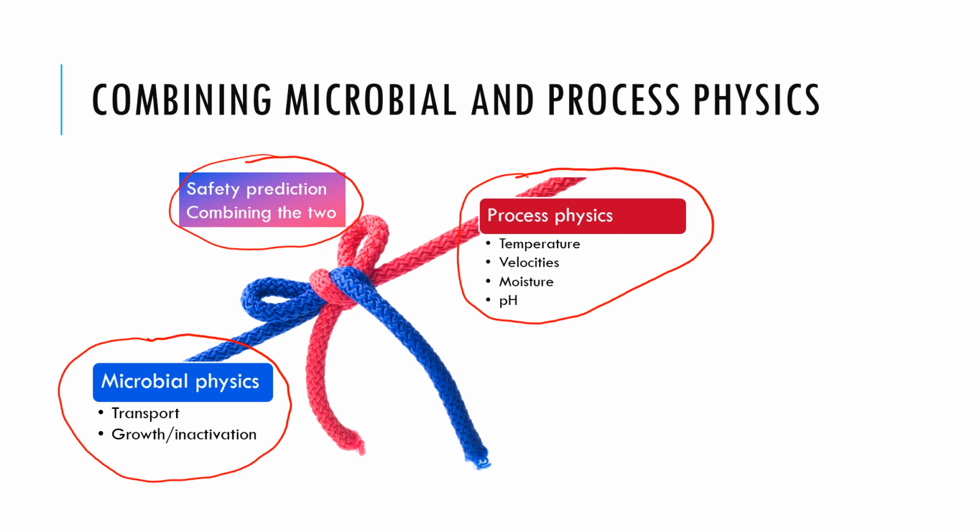And this is our overall framework for safety prediction, that is combining the microbial physics framework and the process physics framework. So we will see now 2 of the simplest examples of what we mean by combining this microbial physics framework with the process physics framework. By having those examples, maybe things would be more obvious.